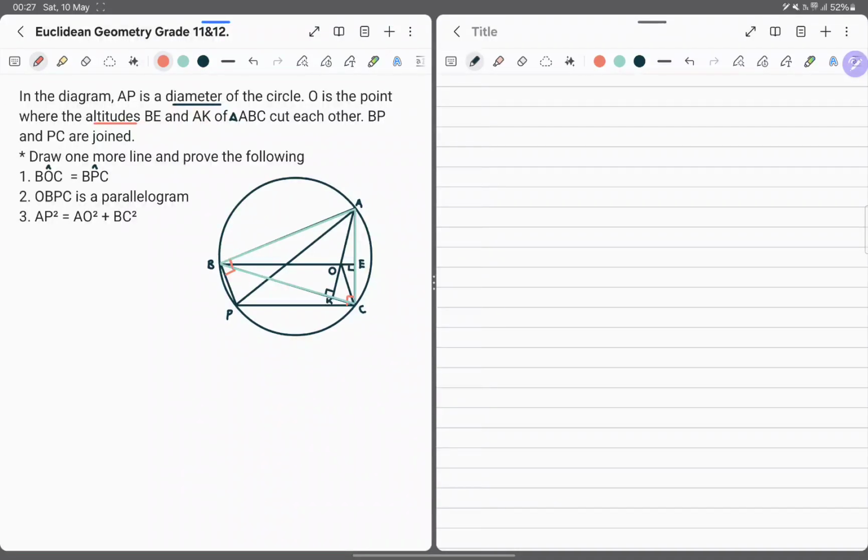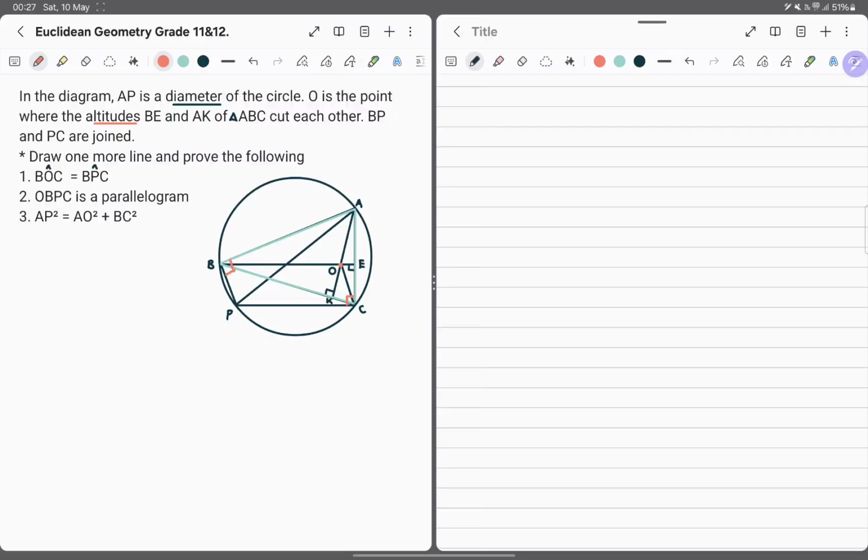And let's just highlight this back so that we don't lose it. Okay, so in this triangle ABC, we can see the altitude is going that way and the other one is going that way. And so what do we call the point of intersection of those altitudes? It's an orthocenter.